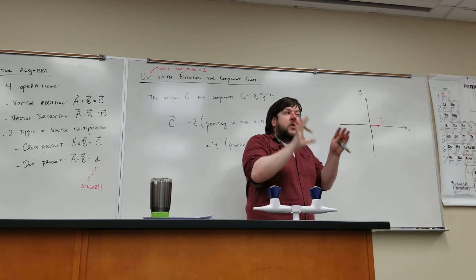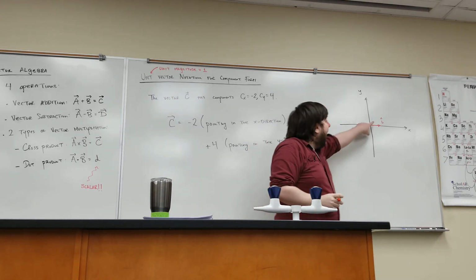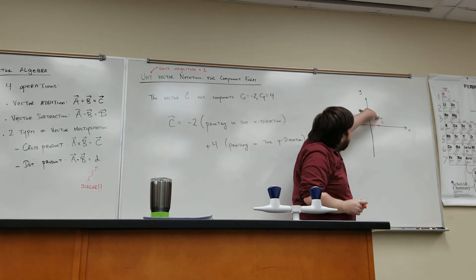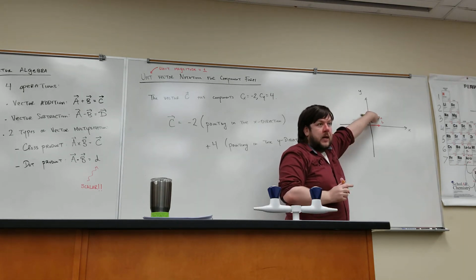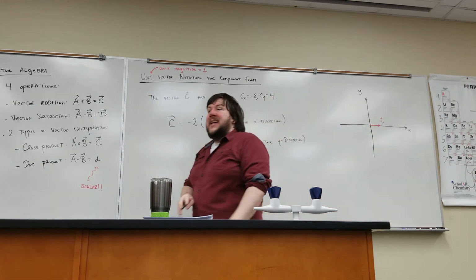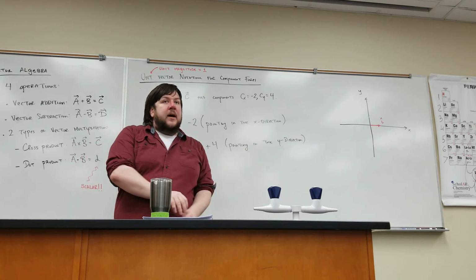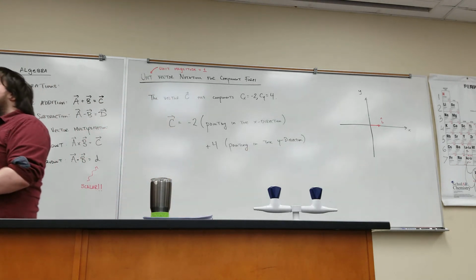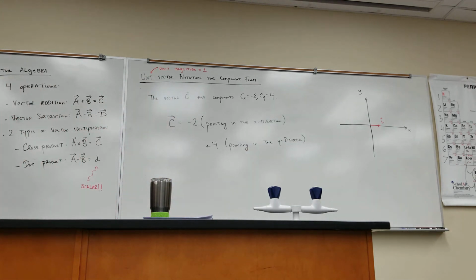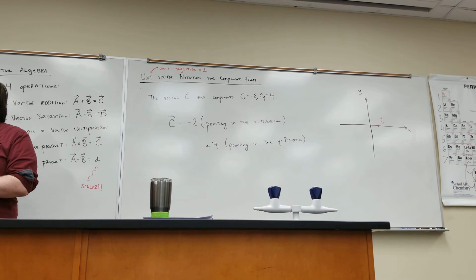Sometimes it's called x hat. The hat is the symbol that we use specifically for a unit vector. We don't put an arrow over them. An arrow goes over a vector that has any length: a length of 5, a length of half, a length of 17. When you put a hat over a vector, you're specifying that it has the specific length of 1. And I'll tell you why that's important in a second.